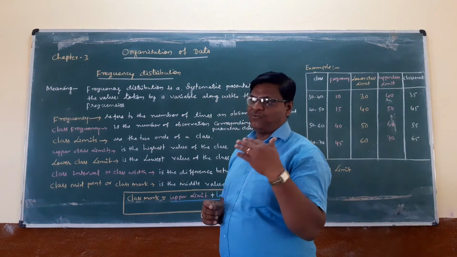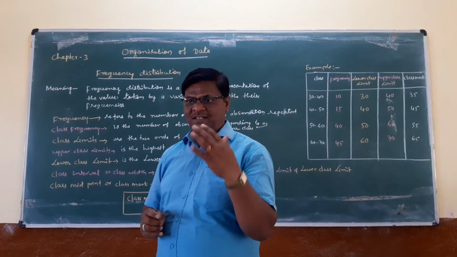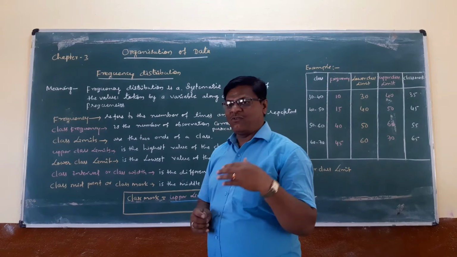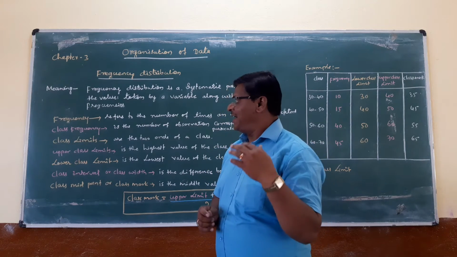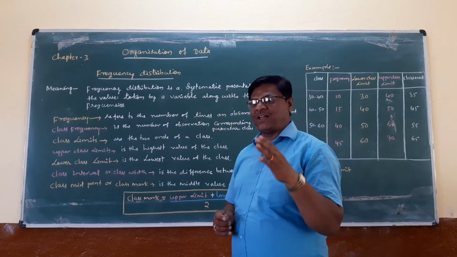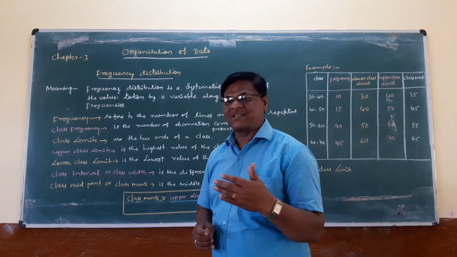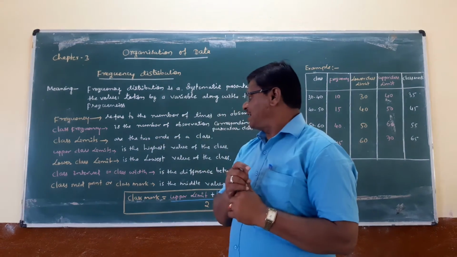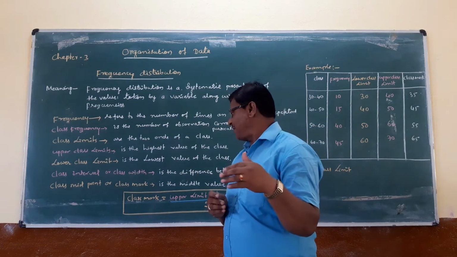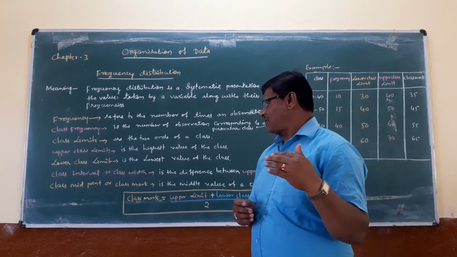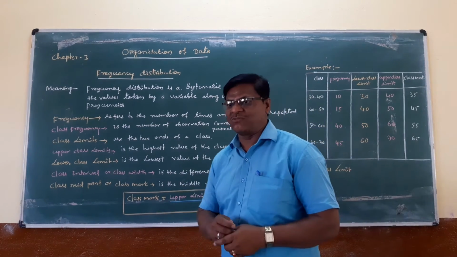You have to understand the meaning of frequency distribution and what we mean by frequency, class frequency, class limits, upper class limits, lower class limits, and class interval or class width, class midpoint or class mark, and their formula.